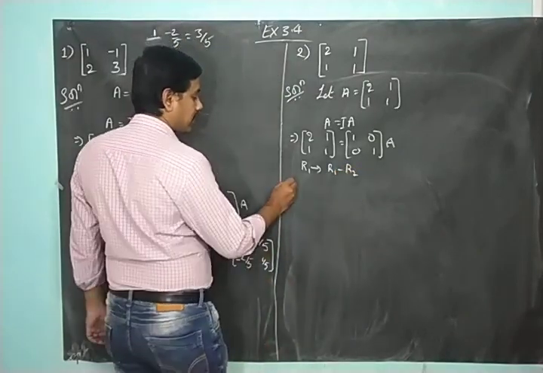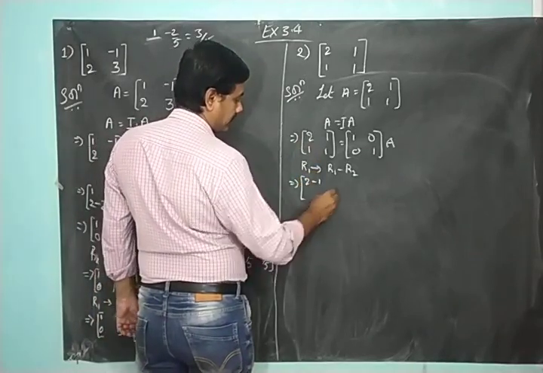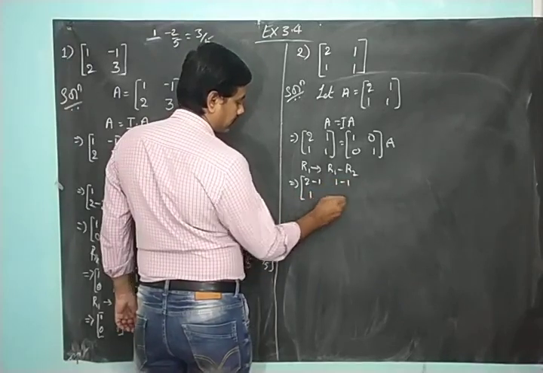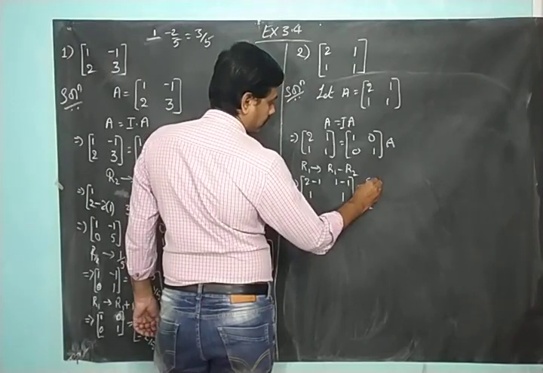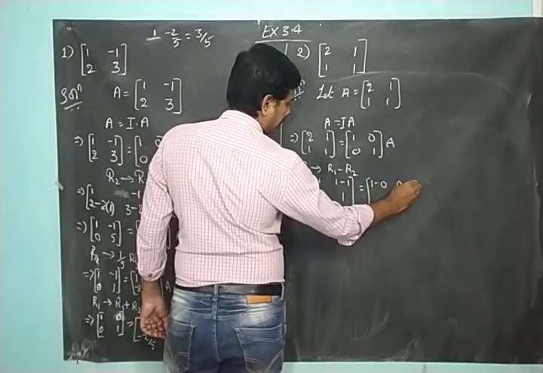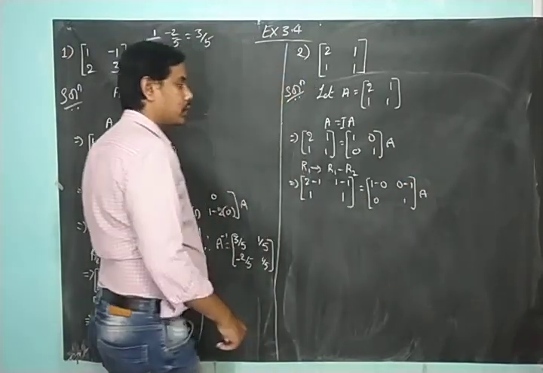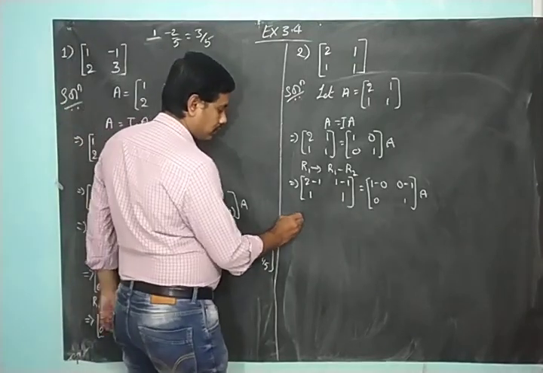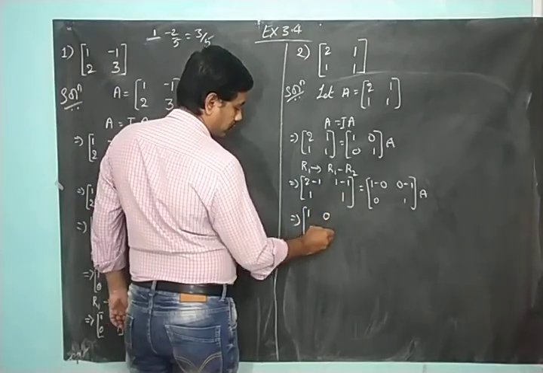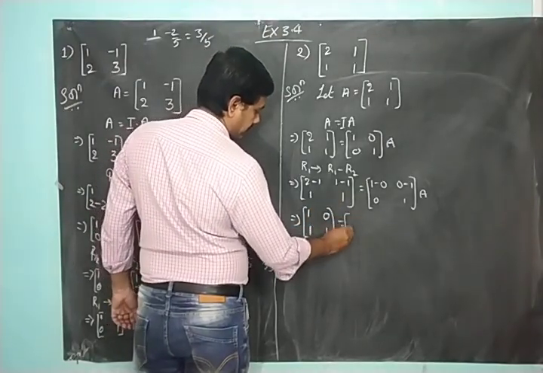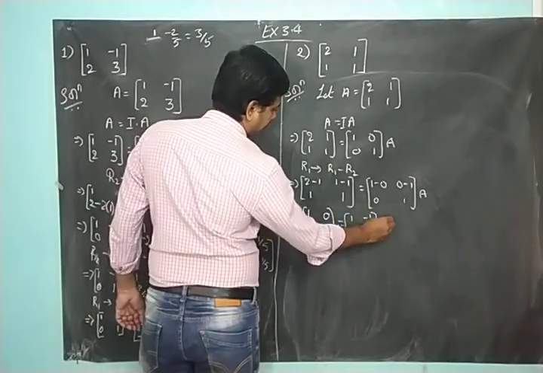So what happens then? 2 minus 1 is 1, 1 minus 1 is 0, and 1, 1 as it is, will be equal to 1 minus 1, 0, 1 as it is.